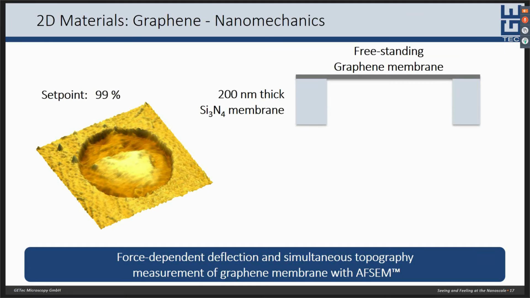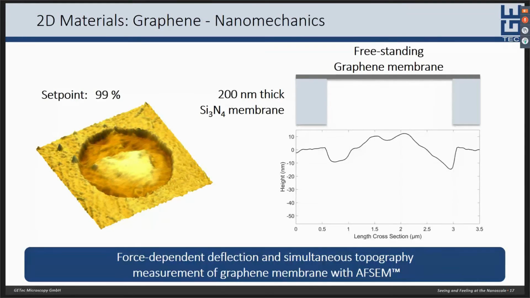The interaction strength, which is given by the amplitude set point that you can see here, can precisely be controlled in vacuum environment. A high set point of 99%, which by the way is impossible to achieve under ambient conditions, represents a very low interaction strength which leaves the membrane almost undisturbed without any tip-induced deformations.